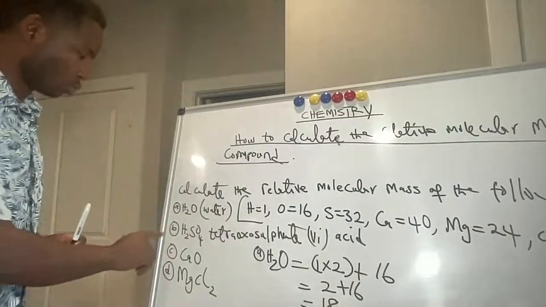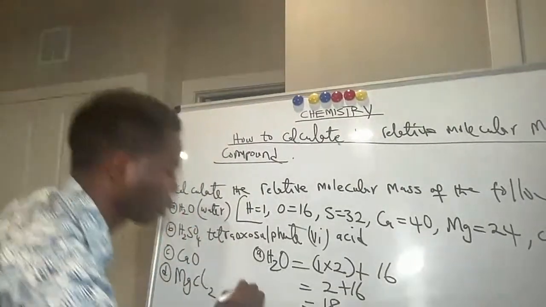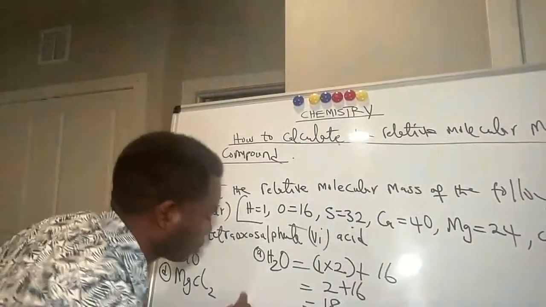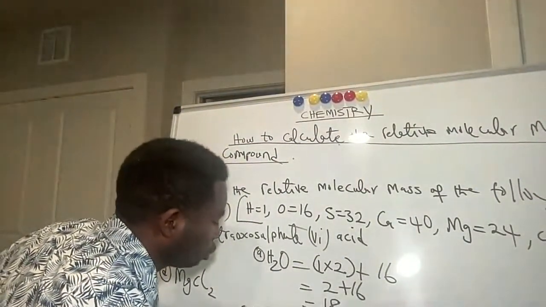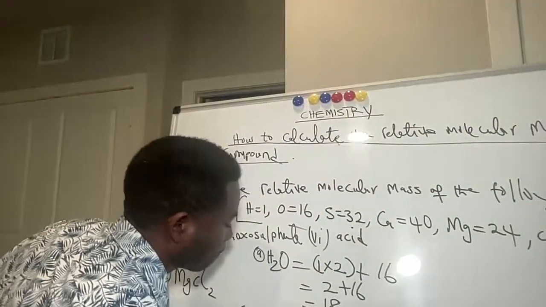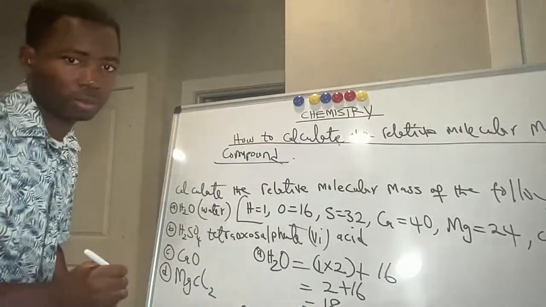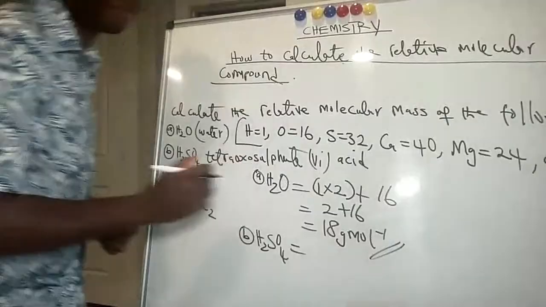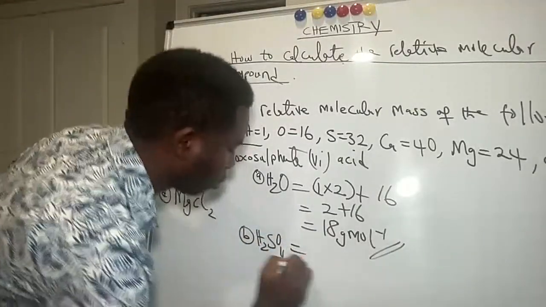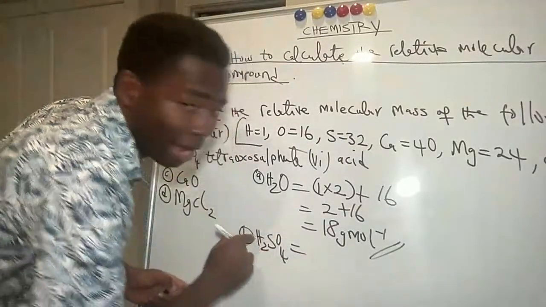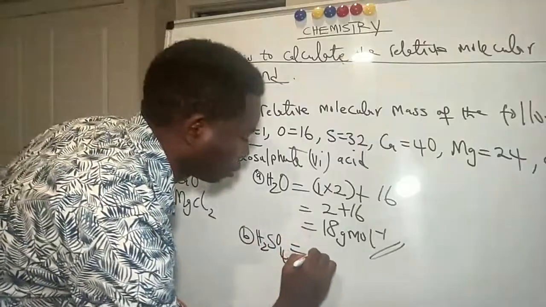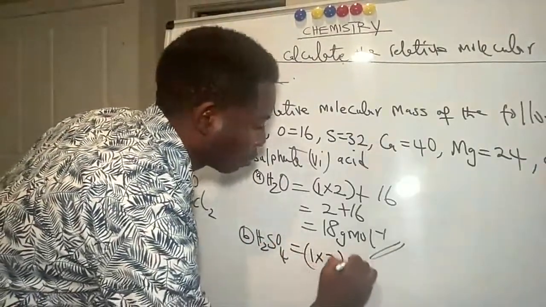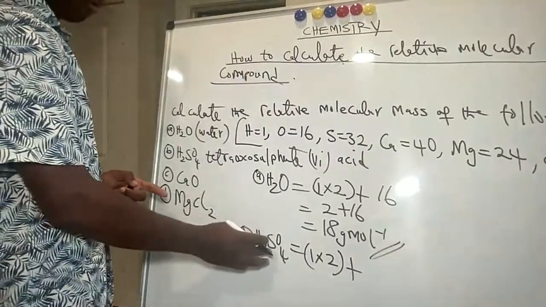Now let's proceed to number 2, B. H2SO4. So we have, what is the mass number of hydrogen? The mass number of hydrogen is 1 times 2, plus, what is the mass number of sulfur?